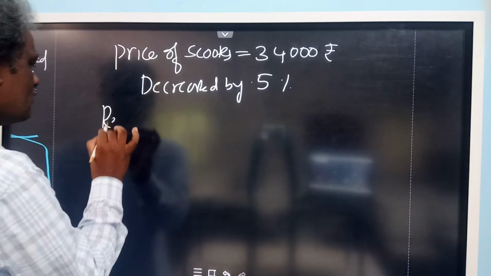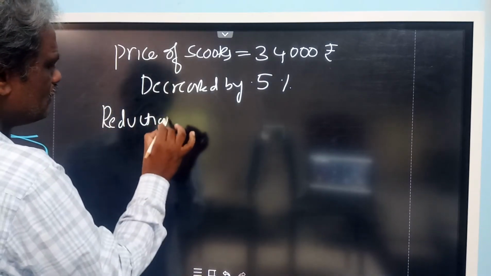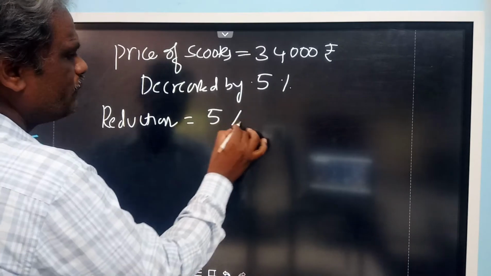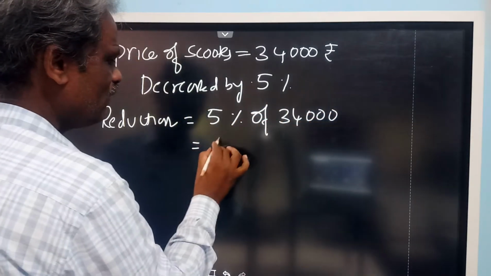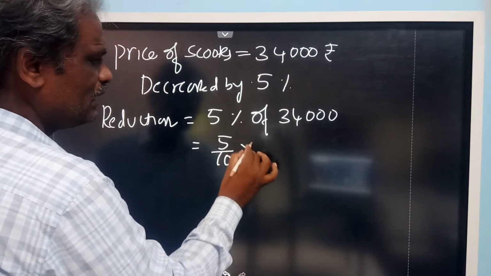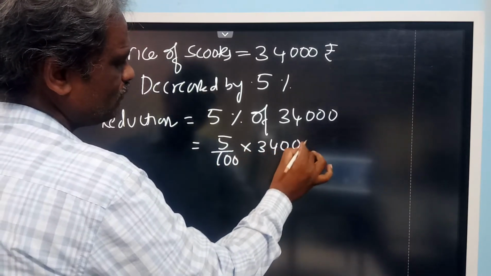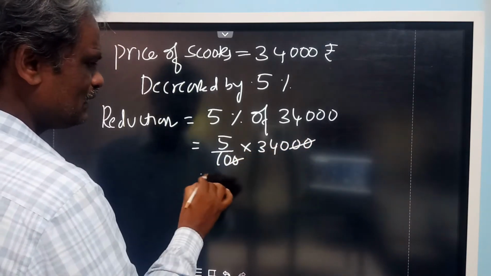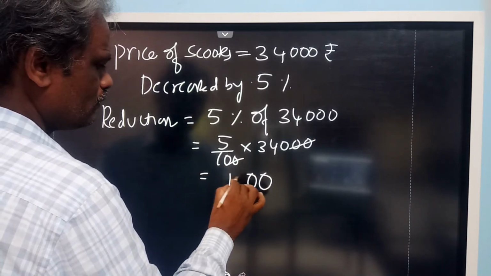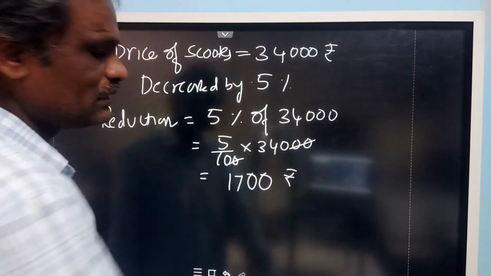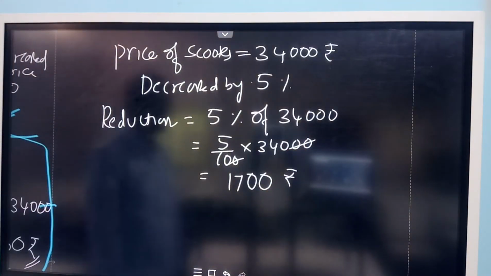So reduction. What is the reduction in amount? 5% of 34,000 rupees. So that means 5 by 100 into 34,000. Simplify this one, 20 20 cancels. Multiply this one, 1,700 rupees discount is given. Decreased in amount.